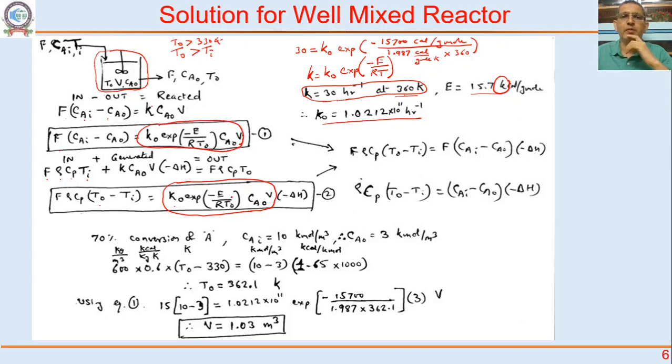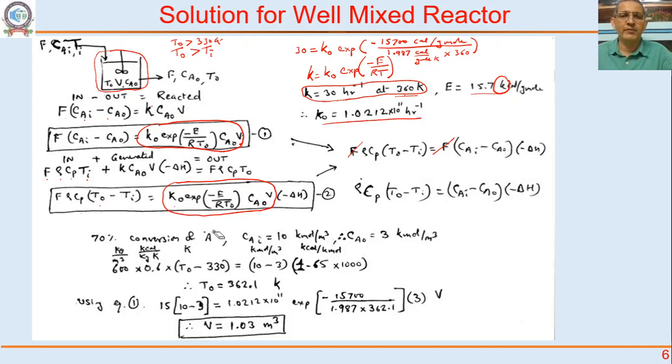Whole right hand side is common. So I can write F rho Cp (T naught minus Ti), this whole thing, in terms of F (Cai minus Ca out) into minus delta H, and then F also I can cancel out from here, and then we'll get rho Cp (T naught minus Ti) is equal to (Cai minus Ca out) into minus delta H.